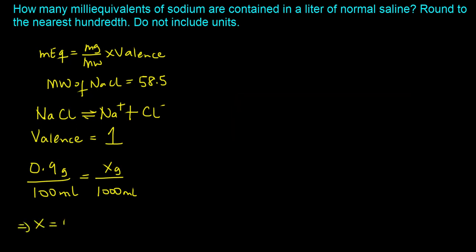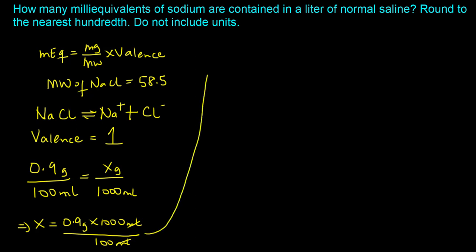X is going to be equal to 0.9 grams times the 1,000 milliliters divided by 100 milliliters. The milliliters cancel out, and you end up with 9 grams. But you need a quantity in milligrams, and so you need to do a quick conversion. So 1 gram is 1,000 milligrams.